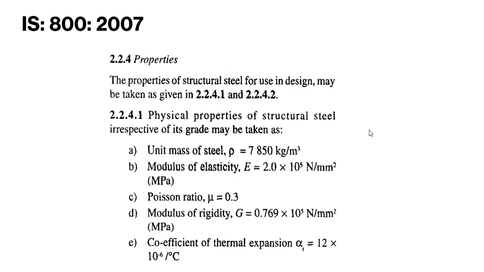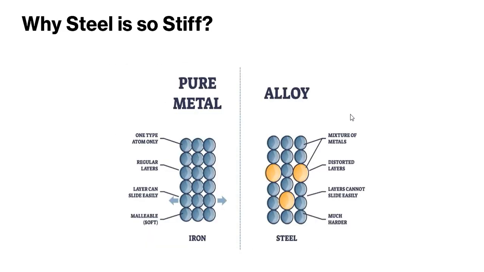Okay, so now let's go deep into the concepts, the stiffness versus strength. So why is steel so stiff? Actually, the pure metal iron contains a particular atomic structure, right? It has the same material, the atoms of iron combine like this.